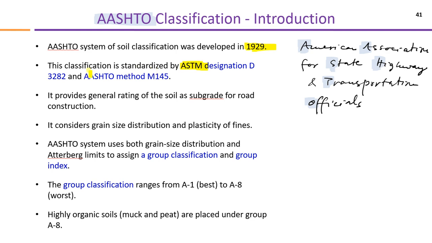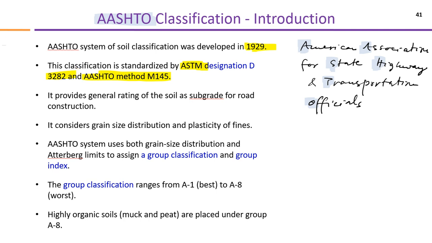The ASTM designation is D3282, and the AASHTO method is M145. It normally gives us a rating for the soil to be used in road construction.